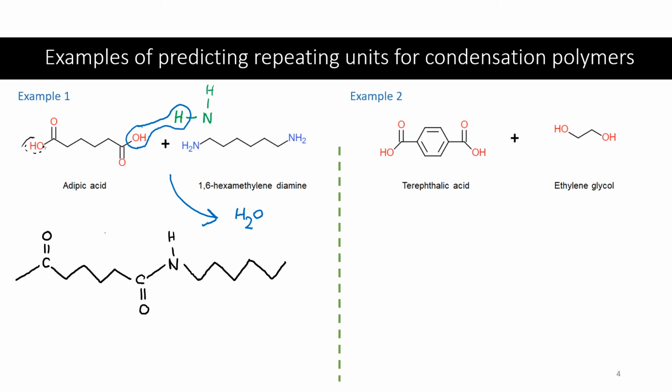So we're going to leave this end open. At this end there's nitrogen, and like before, this end of the diamine can react with the carboxylic functional group from another adipic acid molecule and form an amide bond at this end.